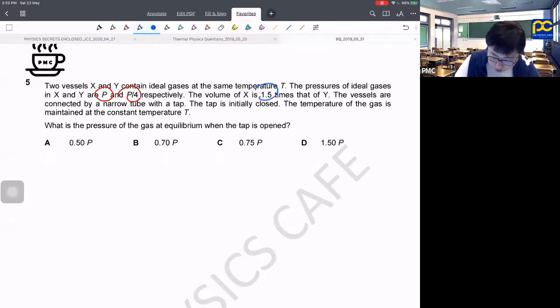Pressure given, volume given. I have a habit to always do it this way. I'll go PX over PY, right, equal to 1/4, equal to 4. This way of presenting is so much better for me. Later on, when I need to solve a question, you appreciate this ratio given to us. What is volume, not pressure?